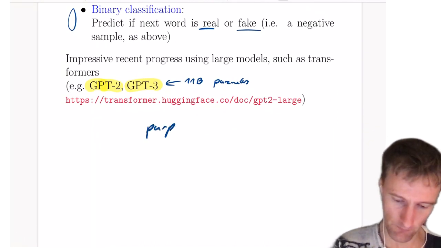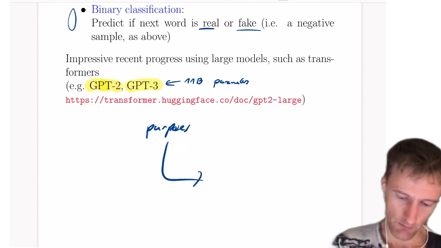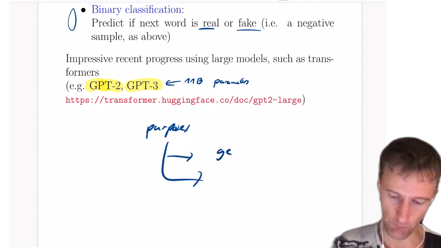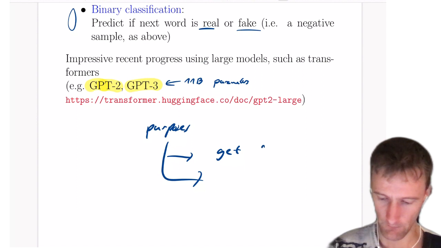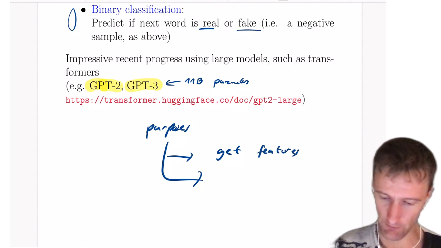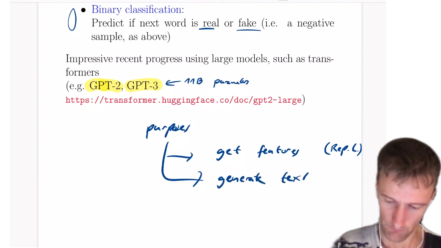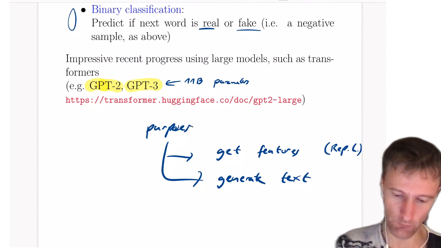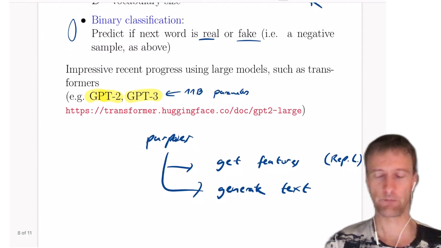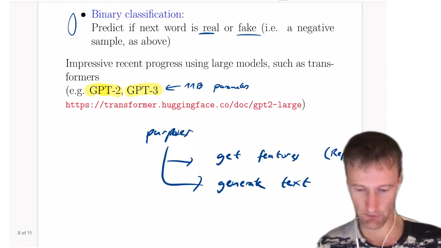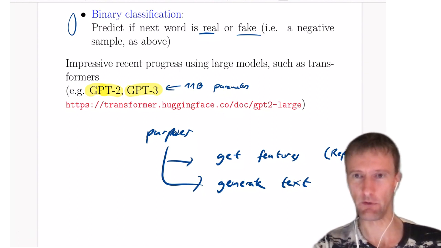One is to get features, that's the representation learning part, and the other part is to actually generate text. So there are two applications you can do. So these are language models, and very interesting developments as well.